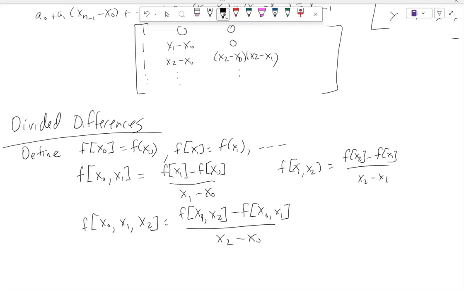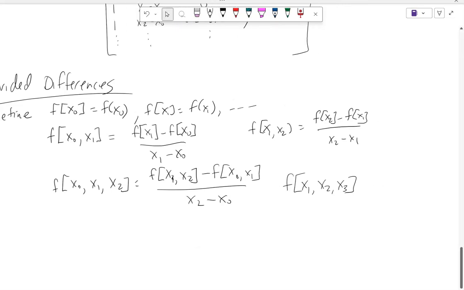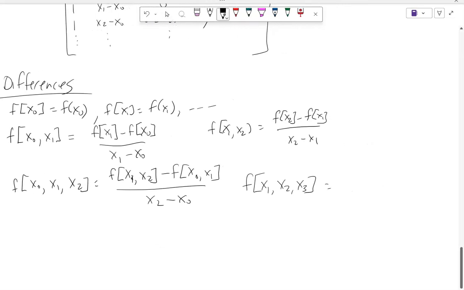All right, so we're just doing another one here. If you went to the next one, if I wanted f bracket x1, x2, x3, well, look at the form. Notice here, when I had these three, I did those two and those two, right? So this would be f bracket x2, x3 minus f bracket x1, x2, and then over x3 minus x1.